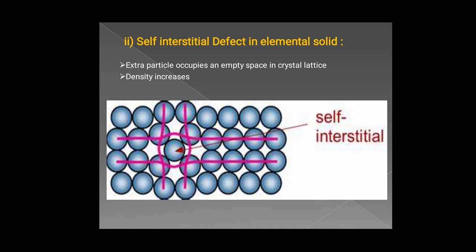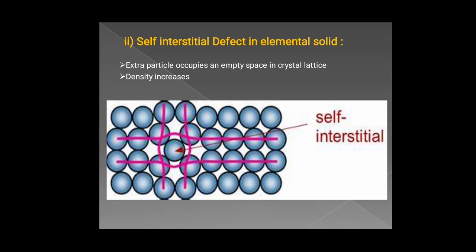That extra particle will be of the same kind as the other particles, but it will disturb the structure a bit, and it gets added in the interstitial spaces. This kind of defect is called self-interstitial defect in elemental solid.